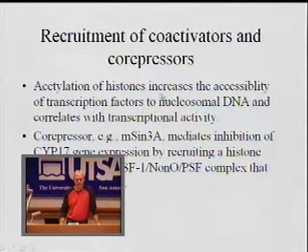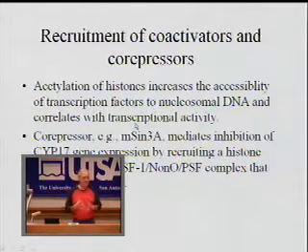So acetylation of the histone proteins increases the accessibility of the transcription factors to the nucleosomal DNA and correlates with transcriptional activity. So to interpret this statement, when the histones are acetylated, then they decrease their affinity for the DNA, and then you can have additional uncoiling of the DNA from the nucleosome, relaxing that level of the coiling of the DNA.